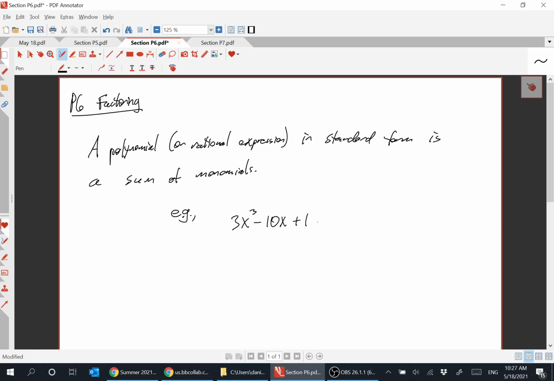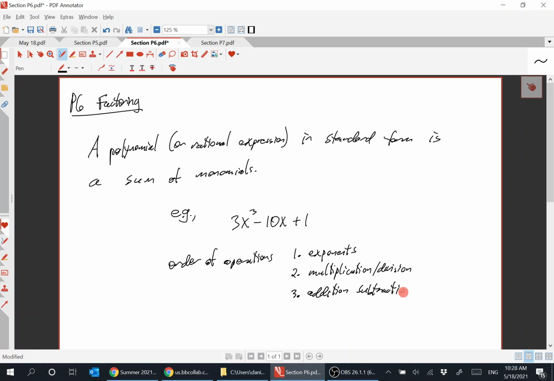Right? The order of operations: one, exponentiation. Two, multiplication and division if there is any. Three, addition. So the final operation is addition and subtraction.